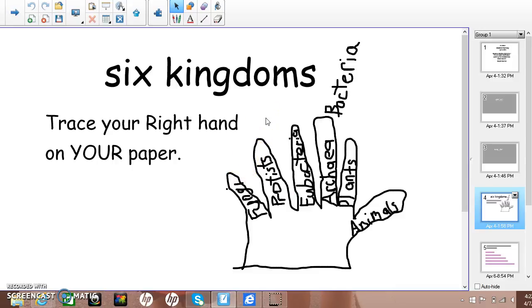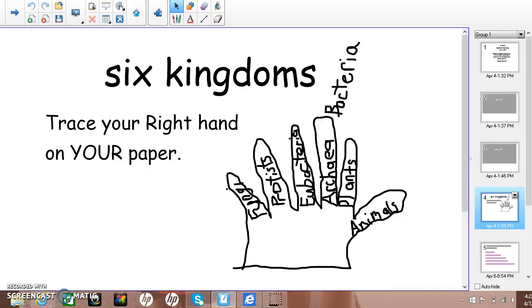What I want you to do is, on your own piece of paper, trace your hand and make your fingers fat when you trace it, and then write all these six kingdoms in there, because later we have an activity that helps us learn these six kingdoms. Or you can take a picture with your cell phone. Okay, I'll take a picture. Got it.